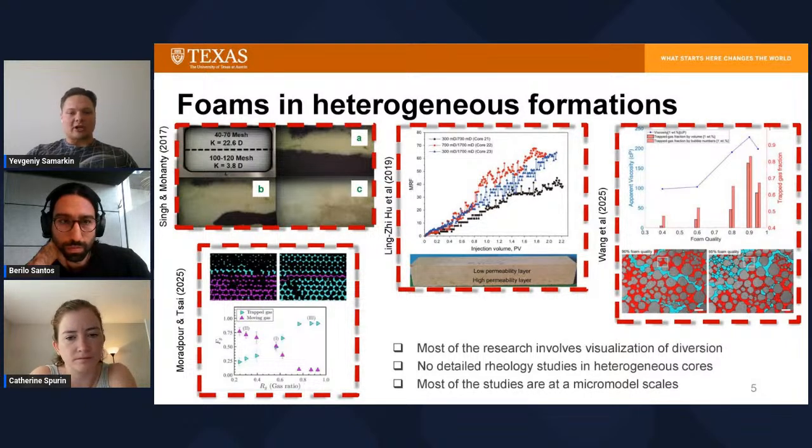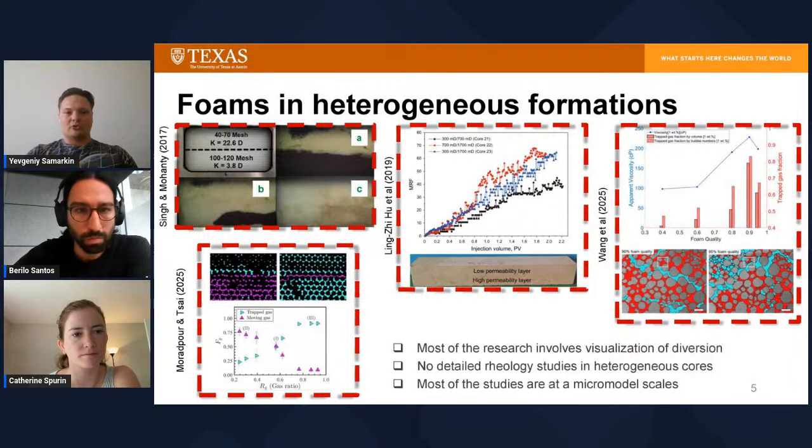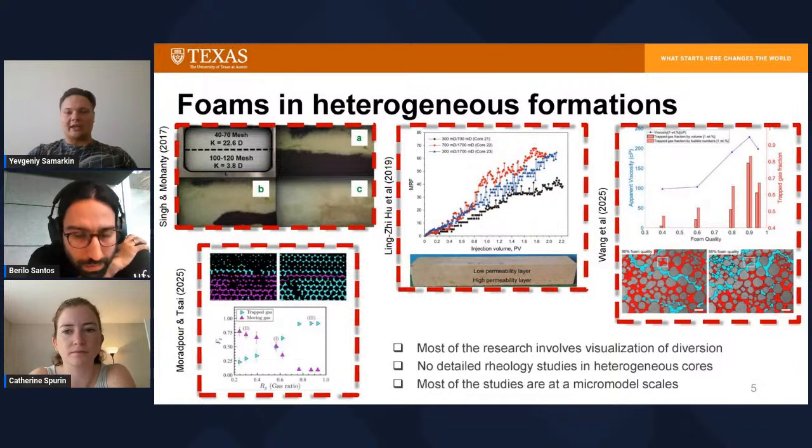I can summarize that most of the research done in this area was focusing on visualization of the foam diversion. Most of the experimental work was focused on flowing the foam through a layered formation and observing how the foam first flows through the high permeability zone, then diverts to the low permeability zone, and then produces the fluid from both layers.